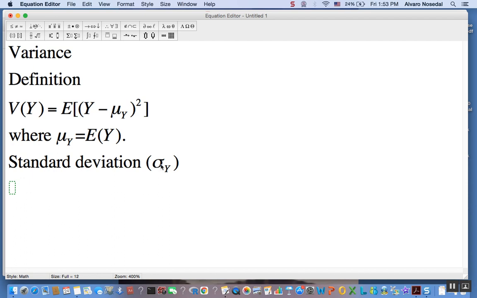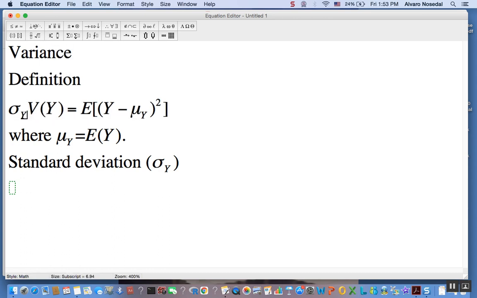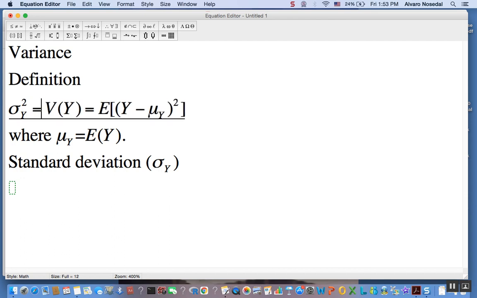Okay. By the way, if you prefer that sigma notation, then another way of referring to the variance would be this. The variance of the random variable y is denoted by sigma square, and sigma is just a lowercase Greek s.